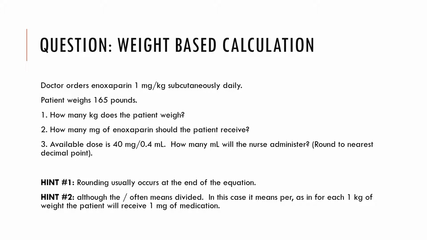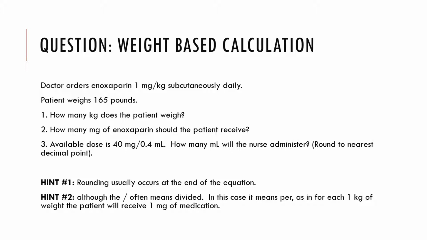The hint number 2 is, although it's got the slash there, that usually is a symbol for divide. When we're looking at milligram per kilogram, that's what that means. It's per kilogram. So for each kilogram of weight, the patient is going to receive 1 milligram of the medication.